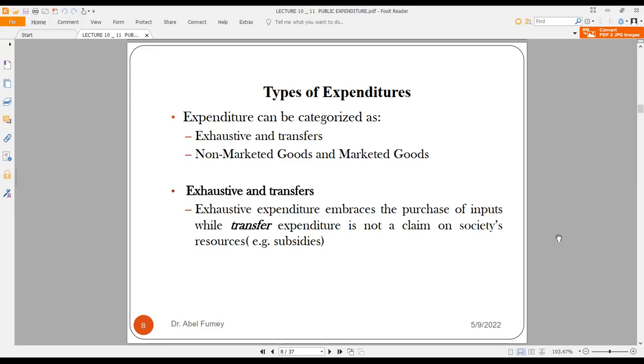But for transfers, we don't actually get any economic claim on any of society's resources. These are not something where the government has used its money to purchase this or that. Subsidy is a transfer. If I'm going to buy a good and the government subsidizes it, the government doesn't get any particular resource for the money. It's just increasing the societal welfare of the people. So that's exhaustive expenditure and transfers.